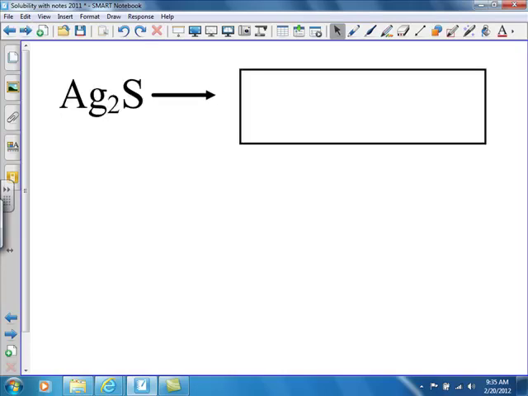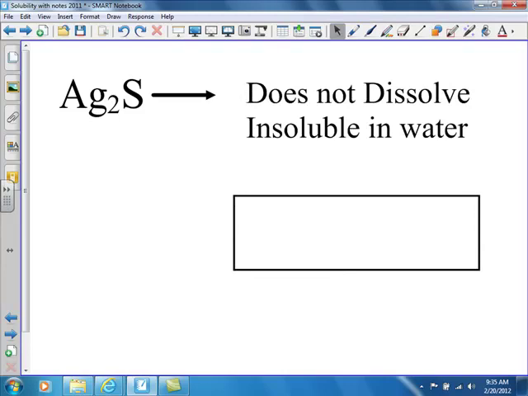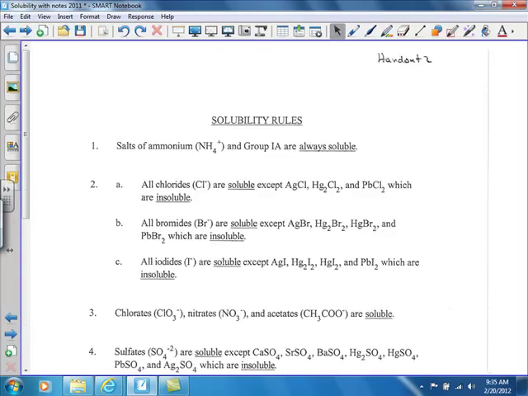Now, let's do this one. Okay, I kind of set you up, okay, because this one does not dissolve in water. It's actually insoluble. Okay, so how would you know that? How do I know something dissolves and something does not dissolve? Okay, well, what you have to do is you need to find this chart.